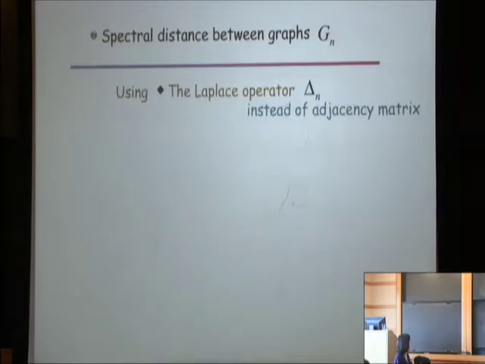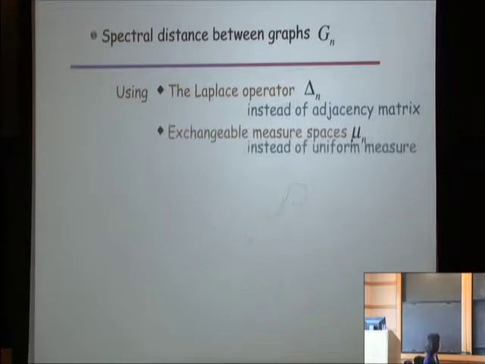So we started with the Laplace operator. It is really a normalized form instead of the adjacency matrix. Adjacency shows the connection, two nodes are adjacent, but the Laplace operator really looks at the rate of change. So it's scaled slightly differently.